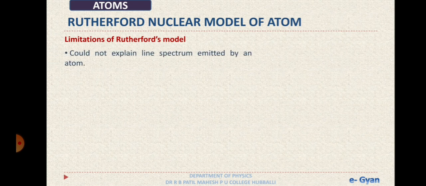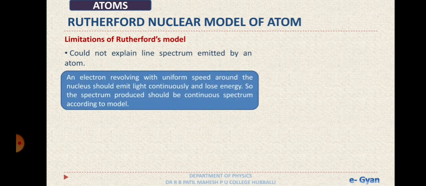Rutherford's model could not explain the line spectrum emitted by an atom. When an electron revolves around the nucleus at uniform speed, it should emit light continuously and lose energy. So the spectrum produced should be a continuous spectrum according to the model.